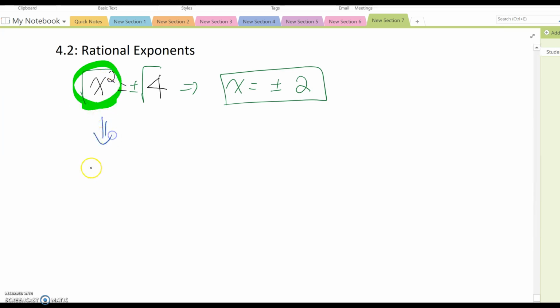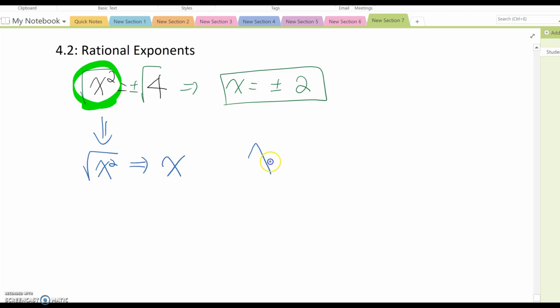Somehow we put x squared into the square root box, then x came out. Then can we think about this expression using the rational exponent? So let me give you one hint.